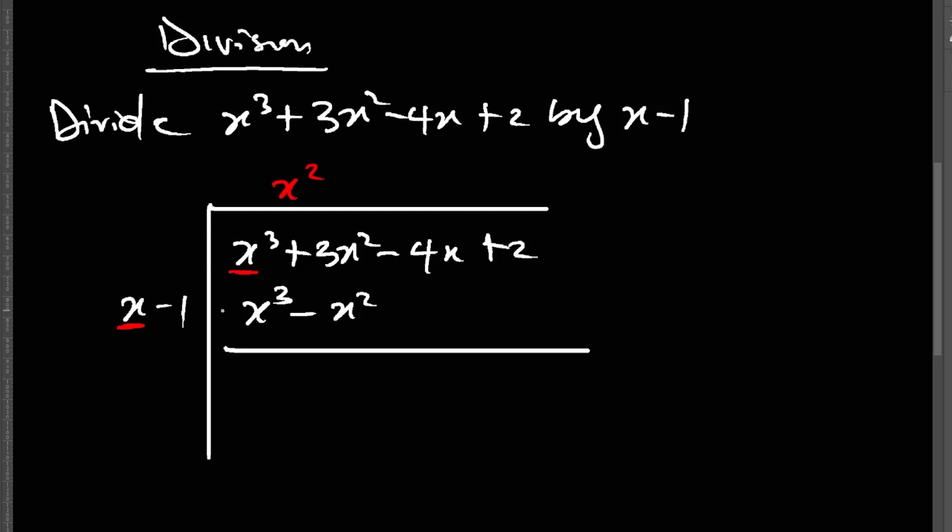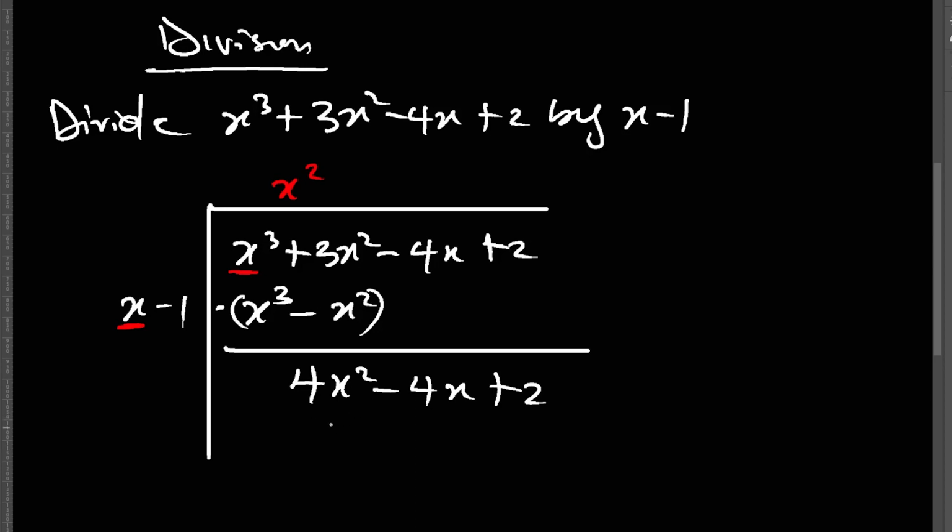So x cubed minus x cubed, they cancel. Then you have 3x squared minus x squared, so plus x squared rather, because the minus here affects everything here. So this one and this one cancel, and this one becomes plus. Then you have 4x squared minus 4x plus 2.